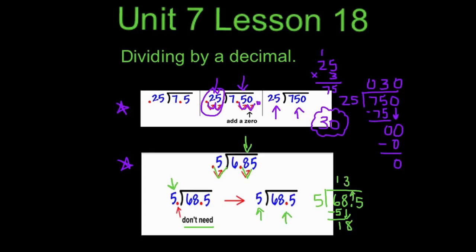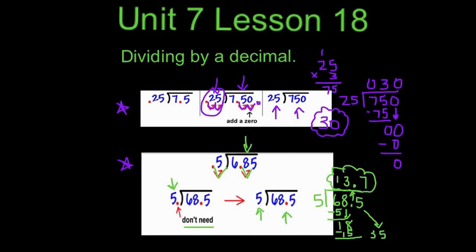I'm going to bring my decimal up right now so I don't forget it at the end. 5 times 3 is 15. When I subtract, I'll end up with 3. Bring down my 5. Ooh, and that's a nice compatible number, 35. I know 5 goes into 35 perfectly 7 times. So I end up with the final answer, 13 and 7 tenths.